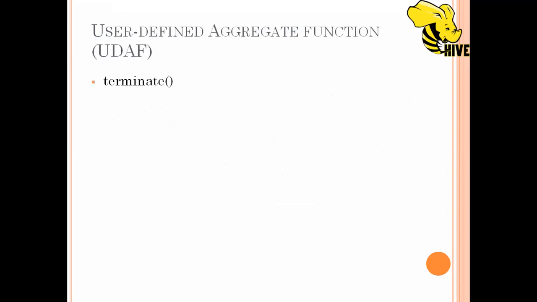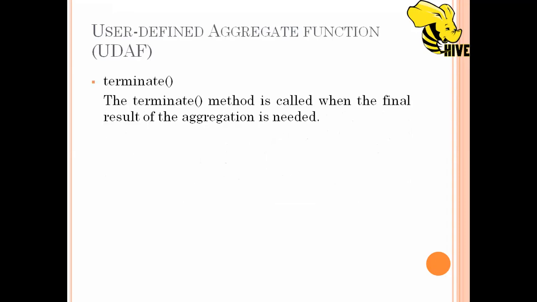So for user defined aggregation, another one is terminate. The first one is init, another one is iterate, the third is terminatePartial, and another one is merge. The next one is terminate. The terminate method is called when the final result of the aggregation is needed.